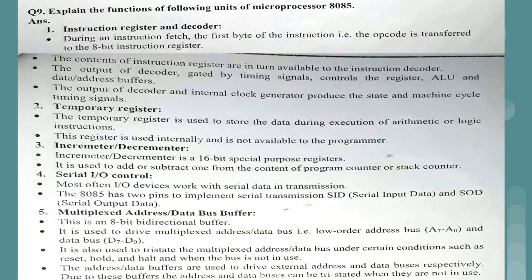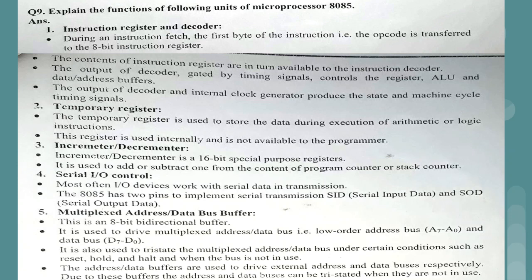As we have seen in the diagram of CPU organization, the instruction register is connected to the instruction decoder, and the instruction decoder is connected to the control and timing section. So definitely the information stored inside the instruction register will be given to the instruction decoder.